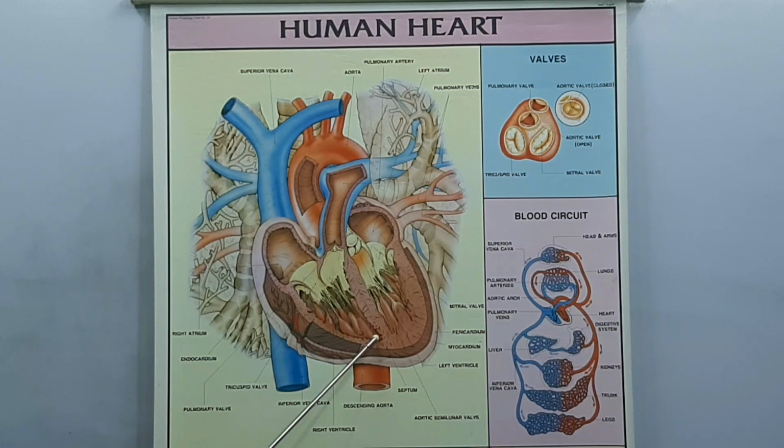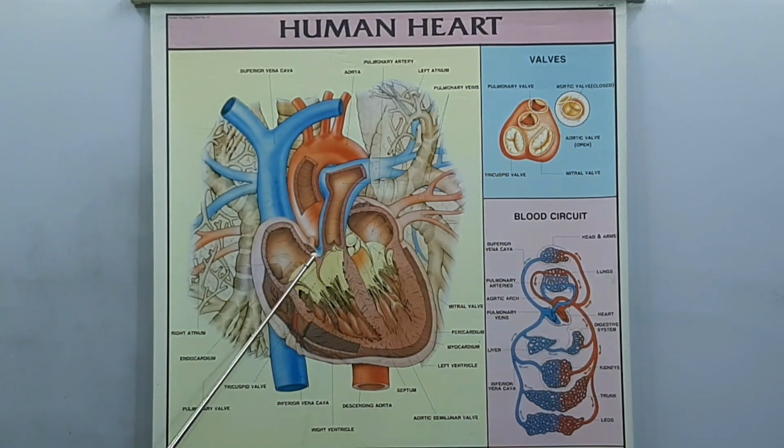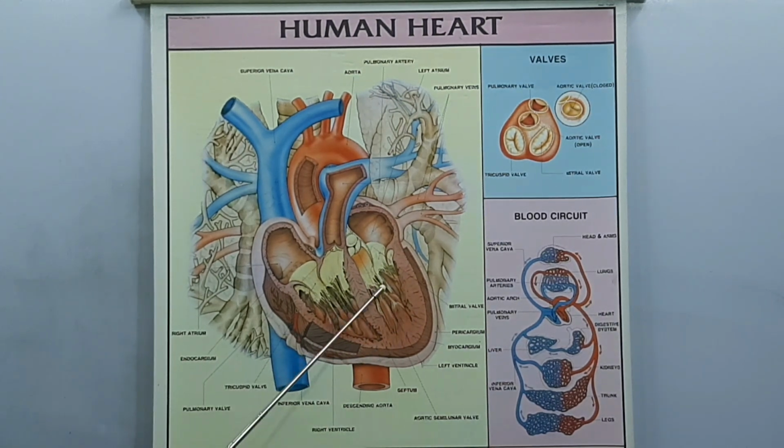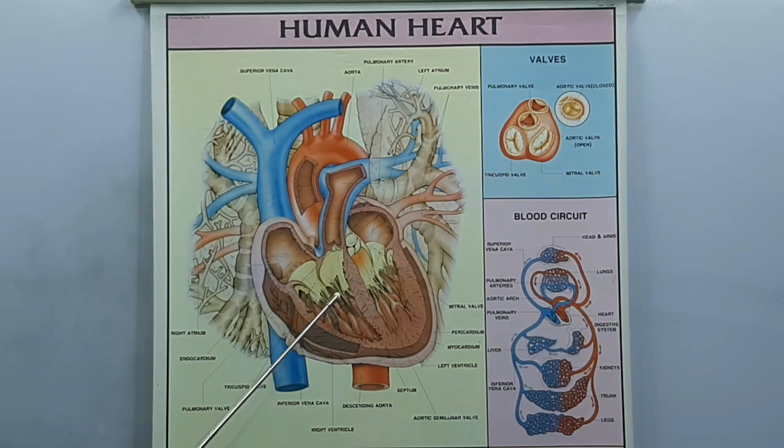The wall of the right ventricle is thicker than the auricles because it pumps blood outside of the heart towards the lungs for oxygenation. And the wall of the left ventricle is the thickest because it pumps blood to different parts of the body against the gravitational pull, as in the head, and in the remote parts of the body, such as the tip of the toes and fingers, etc.